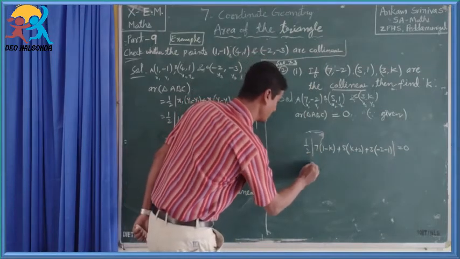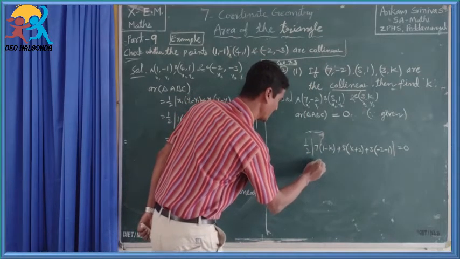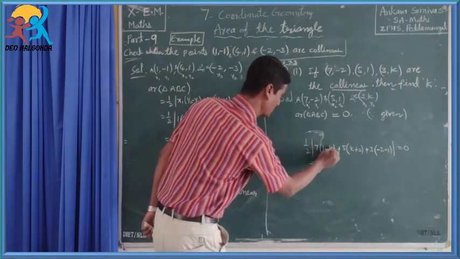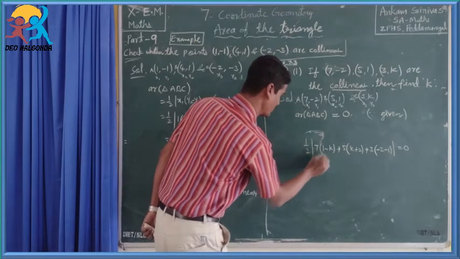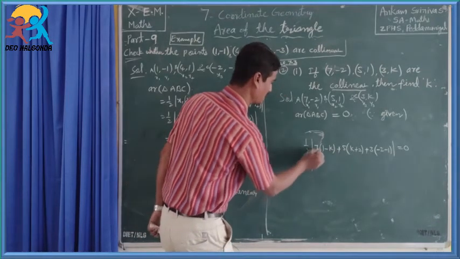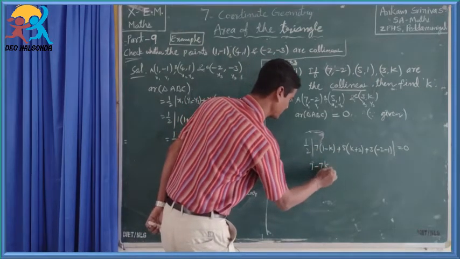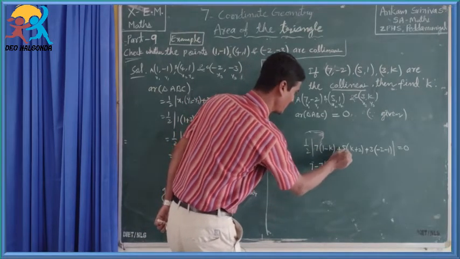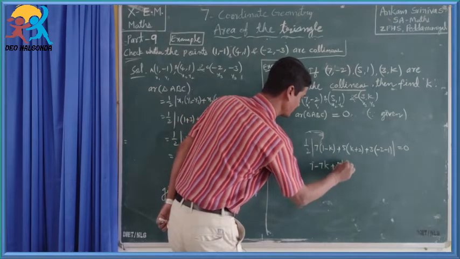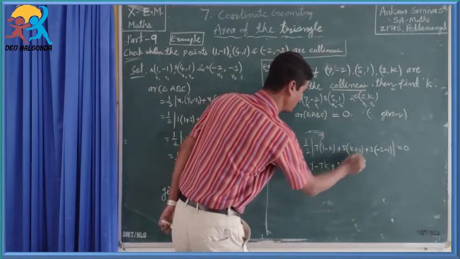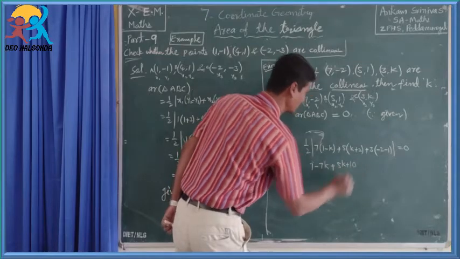And here 7 of (k - 1), we will get 7 into... 7 minus 7 into minus k, minus 7k, plus 5 into k, 5k, 5 into 2, 5 twos are 10.